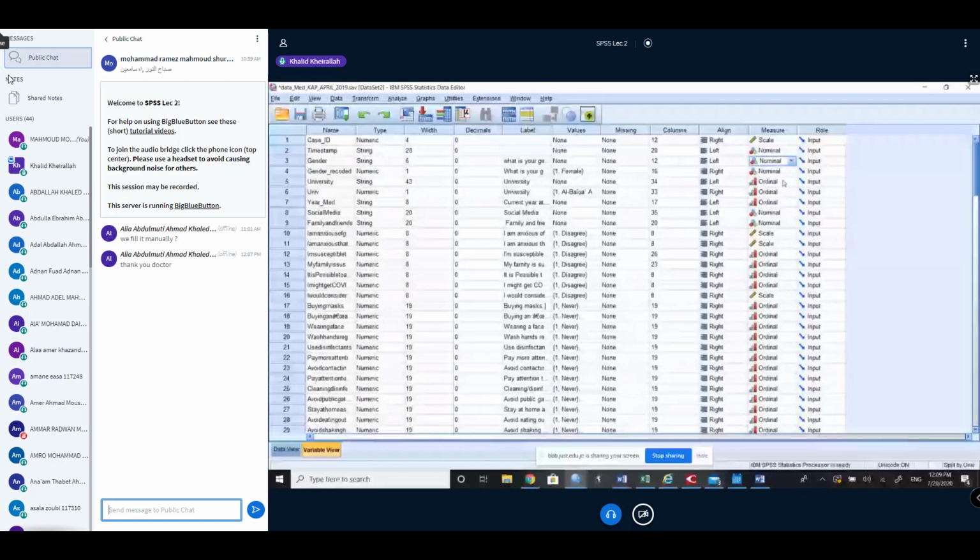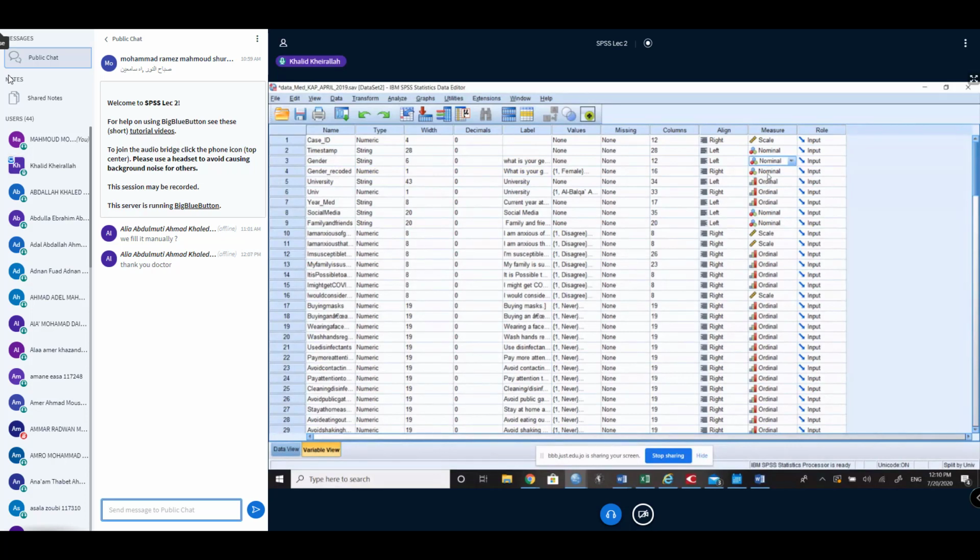Nominal means the answer options for gender are male and female, and males are not bigger than females, so there's no order in them. However you look at them, there is no order in them. And the same for gender 1 and 2, they should both be nominal.